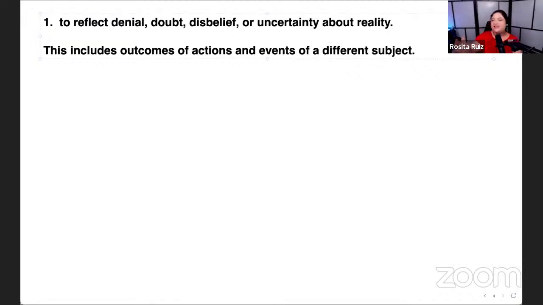So, not the subject that is introduced in the first part of the sentence in the main clause. We're referring to the subject in the dependent clause, or the second part of the sentence, the part after the conjunction que.